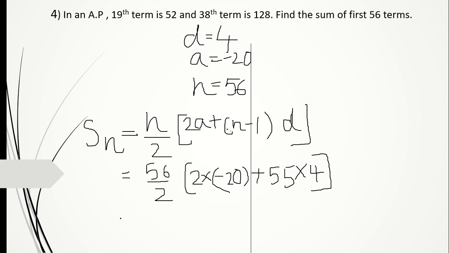Okay, so here 56 divided by 2 we have 28. This is minus 40 plus 55 into 4 is 220.